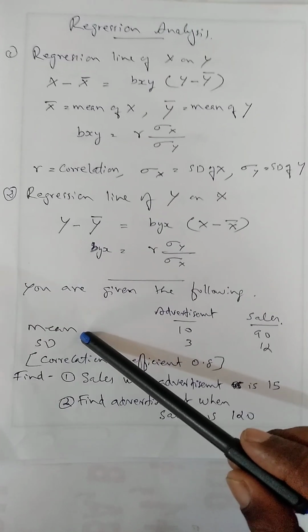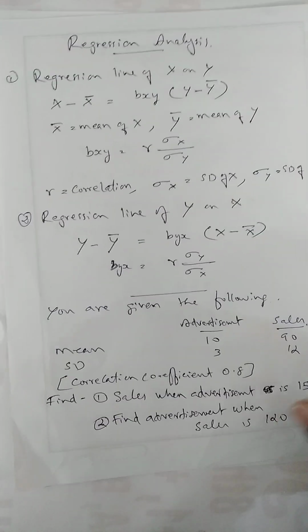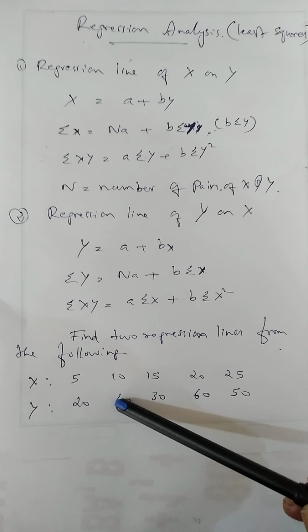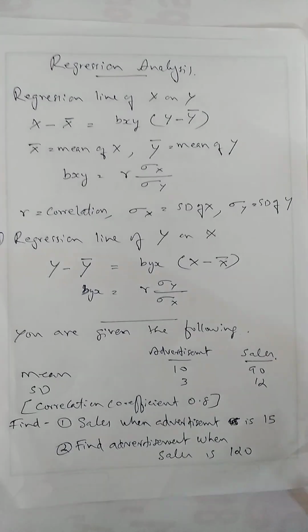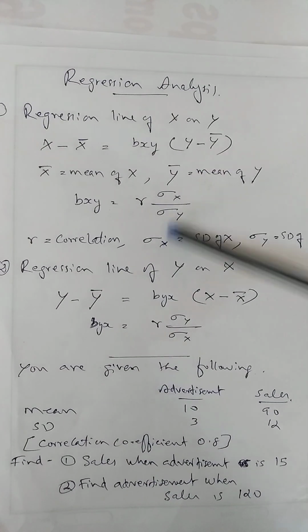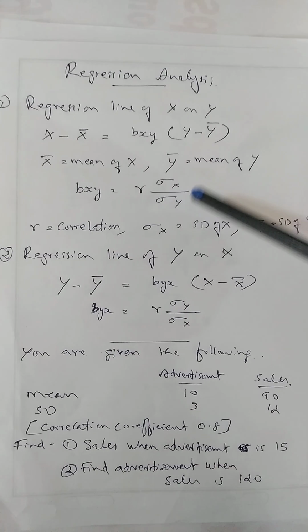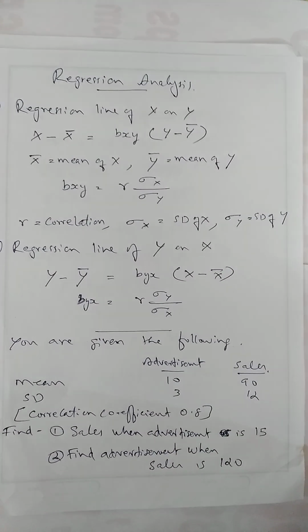So the mean, standard deviation, correlation, these details are given instead of x and y variables. In such a situation, definitely you can solve the question by using this formula, because we use the mean, correlation and standard deviation for finding out a regression equation.